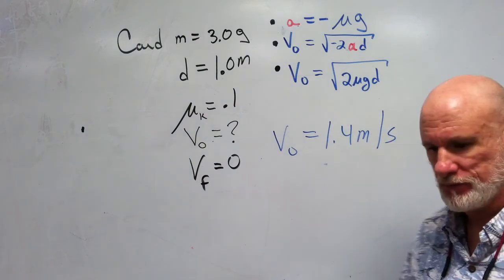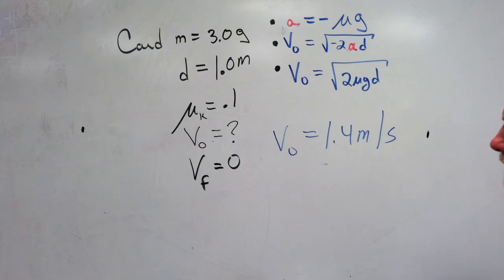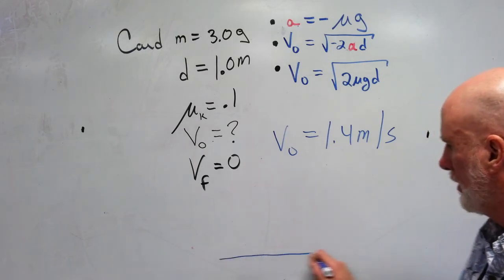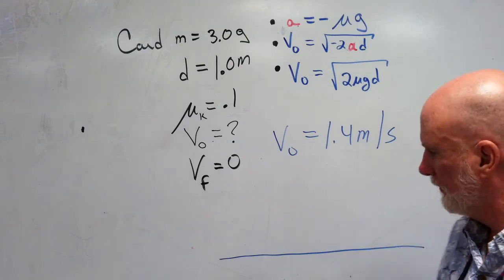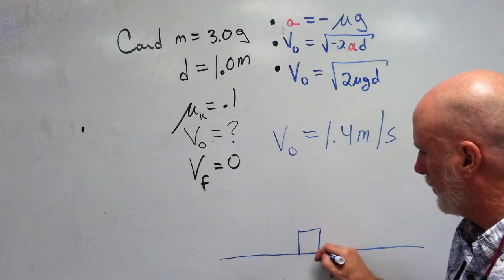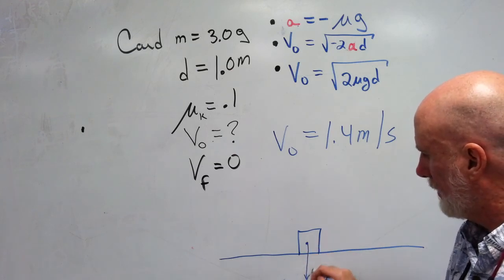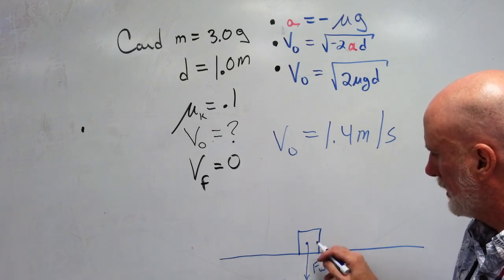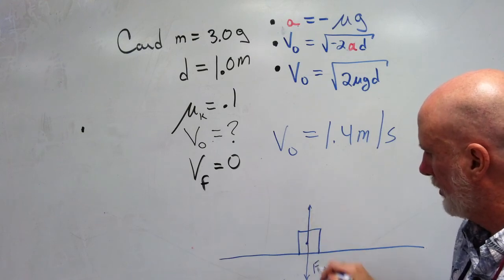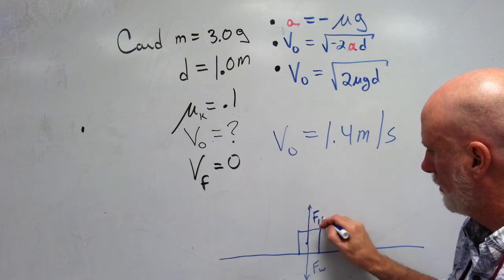Easy? Now, here I have my surface. Here I have the playing card. Here I have my weight. Here I have my normal.